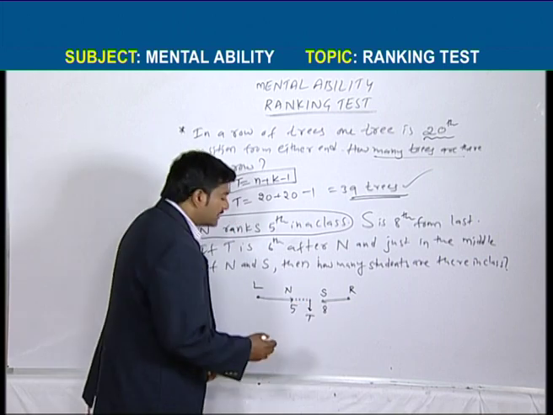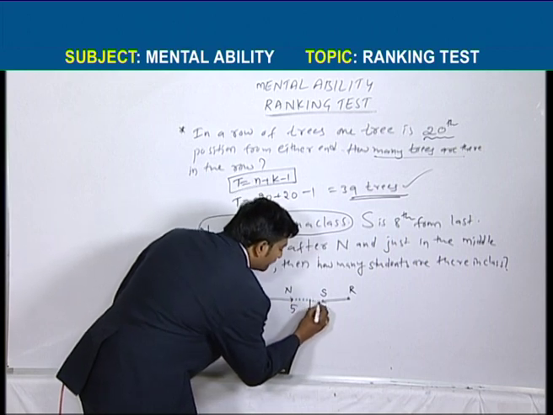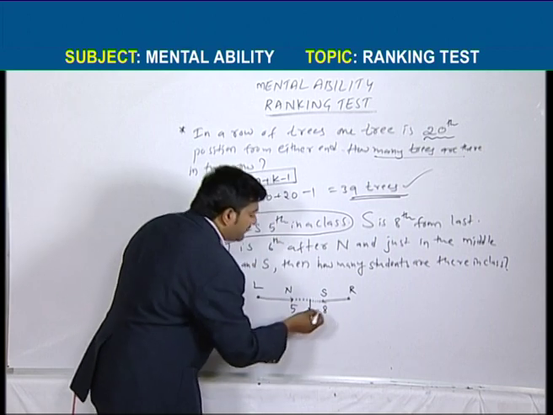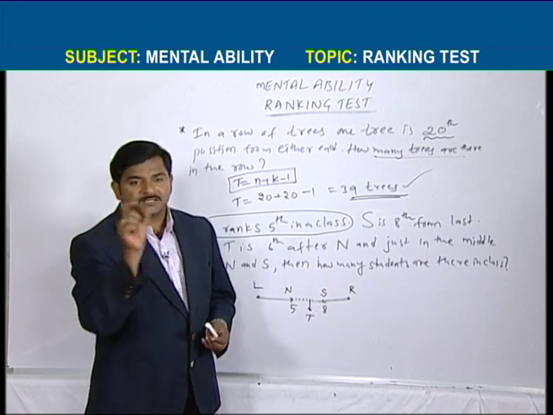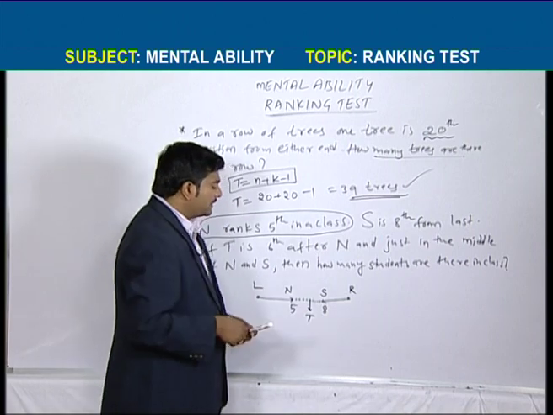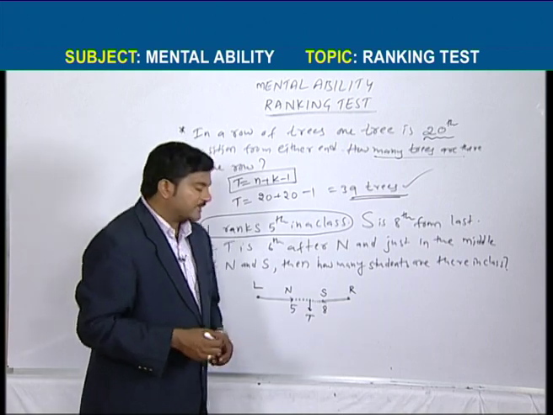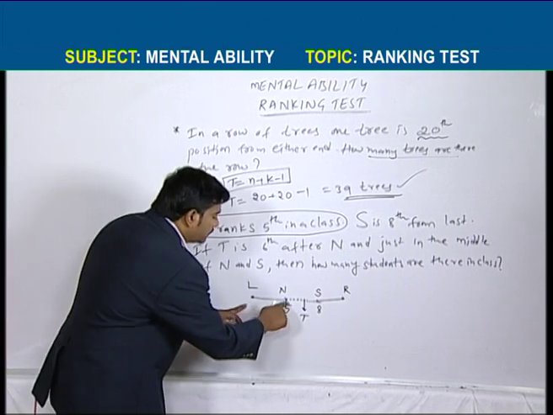Obviously 5 members. If there are 5 members in between n and T, there must be 5 members in between s and T also, because he only mentioned that T is exactly in between n and s.